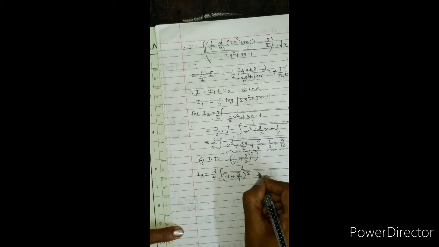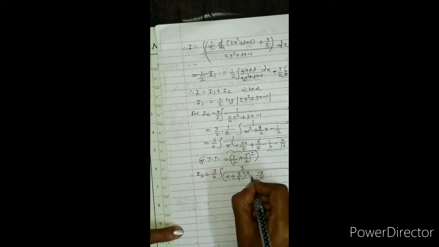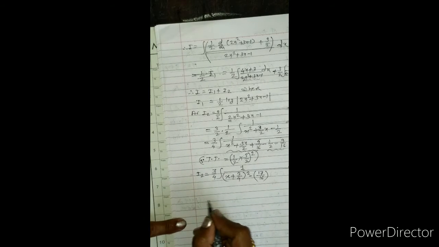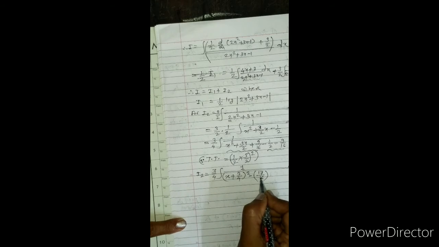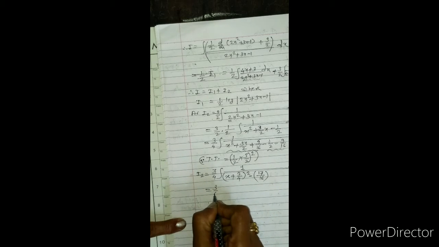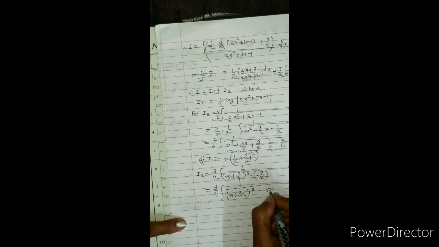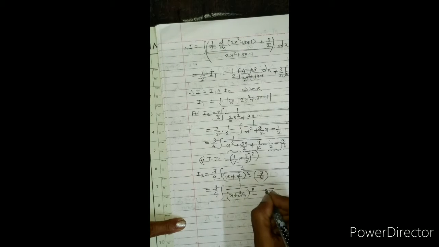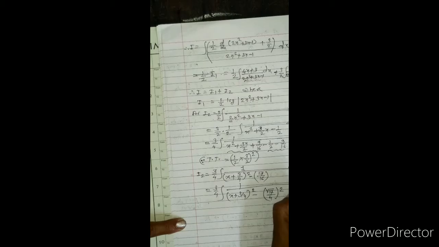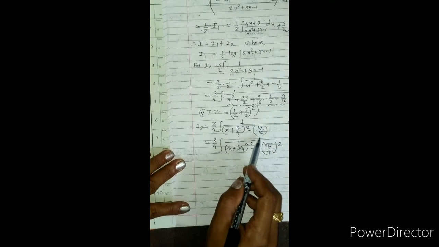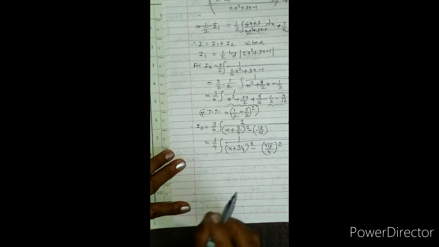So minus 8 minus 9 is minus 17, and the whole term has a minus sign: minus 17 by 16, integral with respect to x. Now adjust this 17 by 16 as a square, that is root 17 by 4 bracket square, with the whole integral with respect to x.